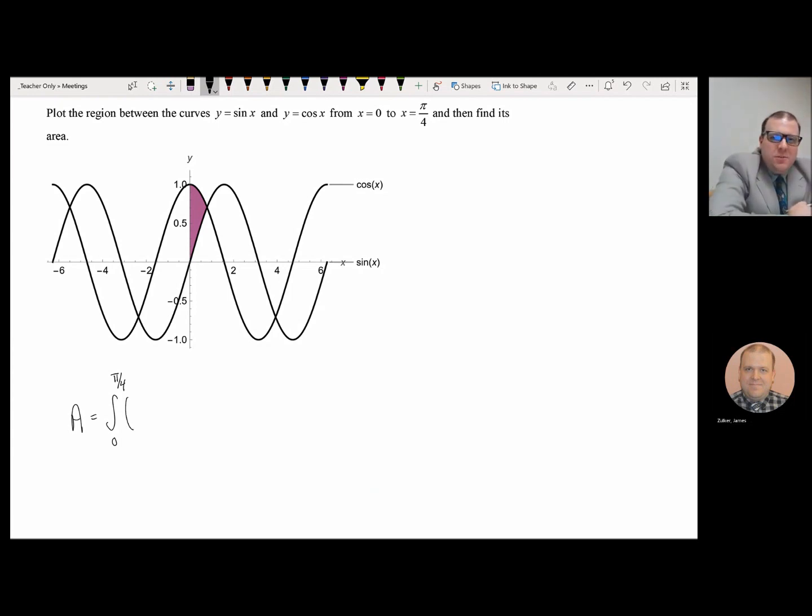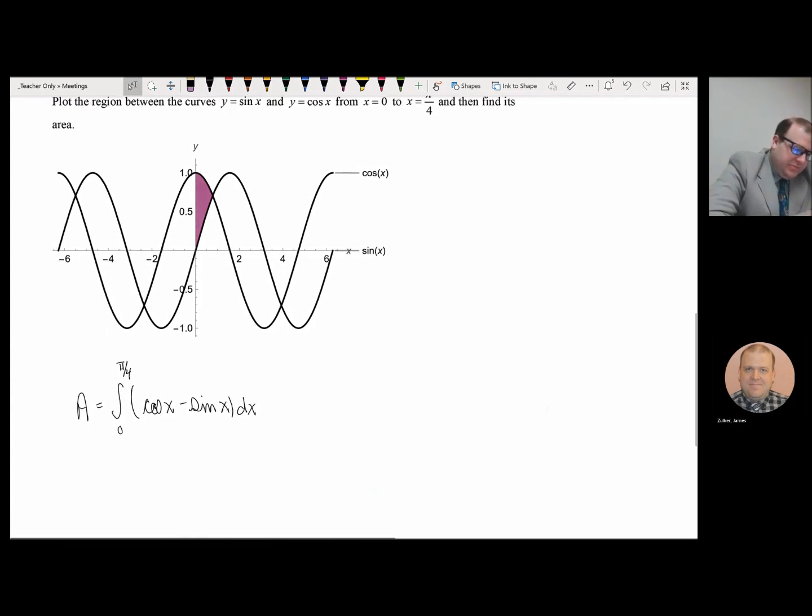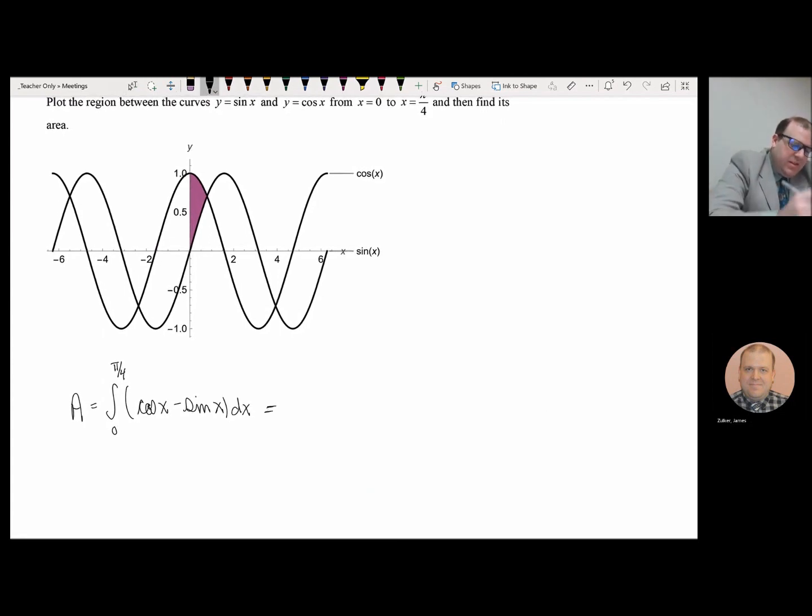So we integrate from 0 to pi/4 of cosine x minus sine x. I would just go ahead and evaluate that integral. This is not a terribly difficult integral to evaluate, so I'm just going to do it by hand. But remember, at this point, you can just use a calculator once you set it up.